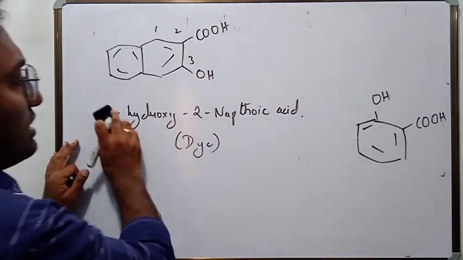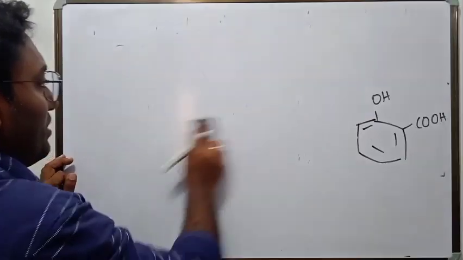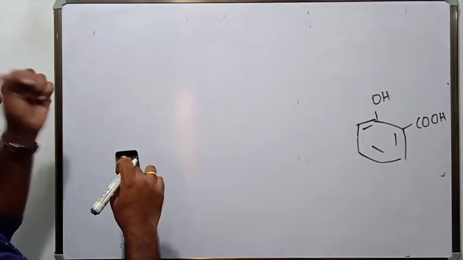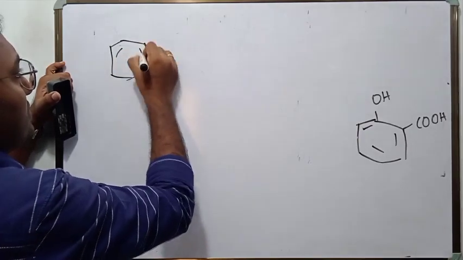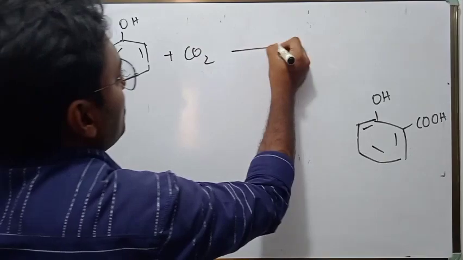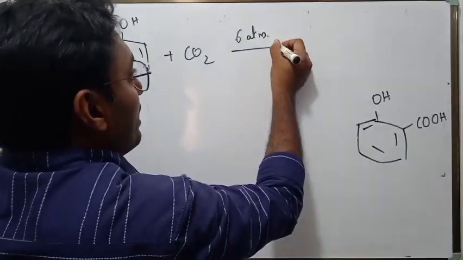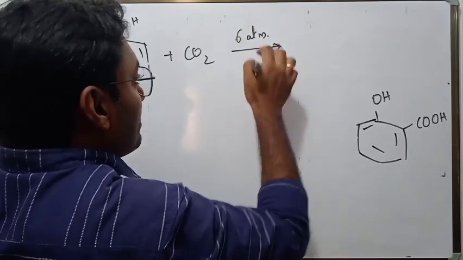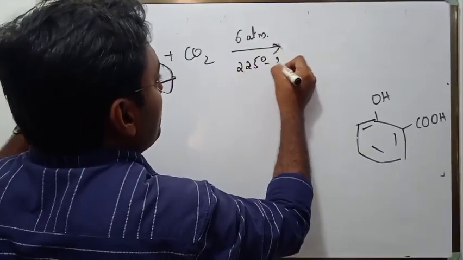Now there is another thing that you can prepare through Kolbe-Schmidt reaction. For that you have to change the reaction condition. Take the same phenol, go for carbonation, use same condition, 6 atmosphere pressure, and use higher temperature, 225 to 250 degrees Celsius.